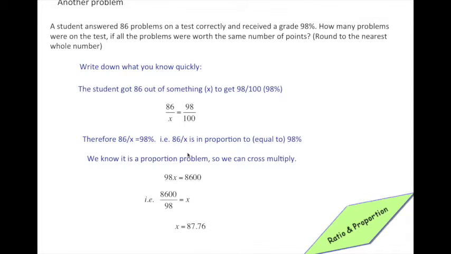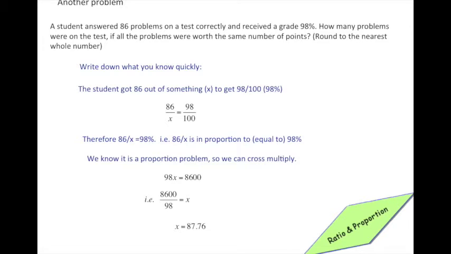And we divide 98 into 8,600 to get 87.76. We are asked to round that to the nearest whole number, which would then make that 88. So you got 86 out of 88 to get that 98%.